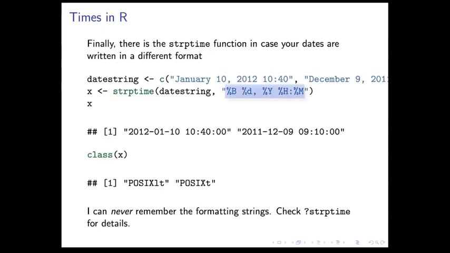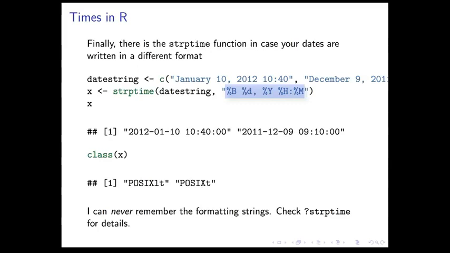In this case, you'll see all these percent signs followed by letters, and then you can look up what these symbols mean in the help page for strptime. So %B is the unabbreviated month name. %d is the day, then comma, and then %Y is the 4-digit year. Then %H is the hour, followed by colon, followed by %M, which is the minute.